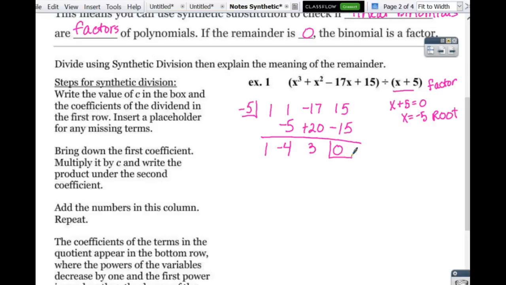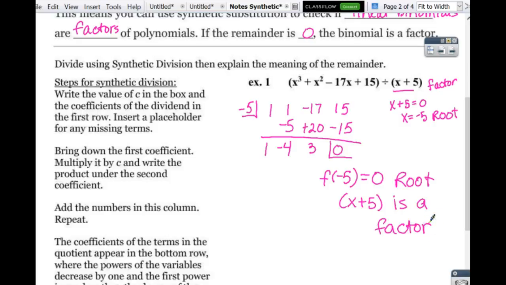This time it's 0, so that tells me it's a factor. f of -5 is 0, and so it is a root, and x plus 5 is a factor. Because I know everything.